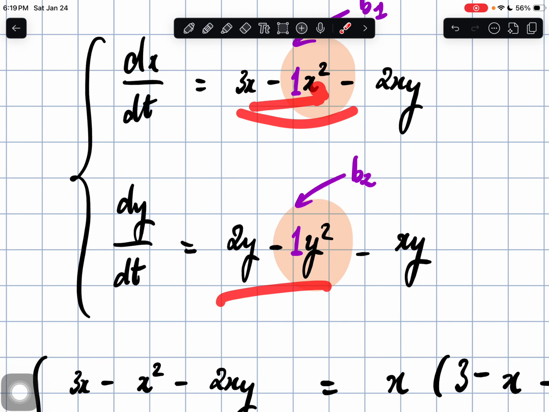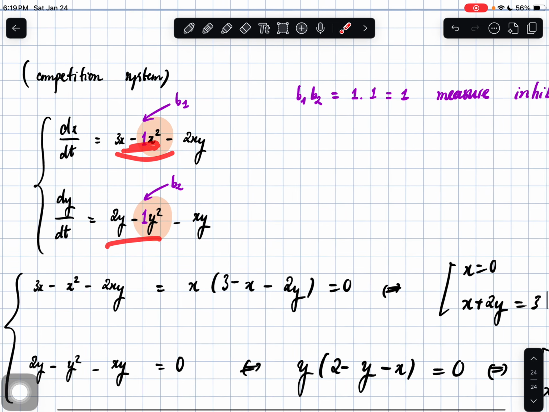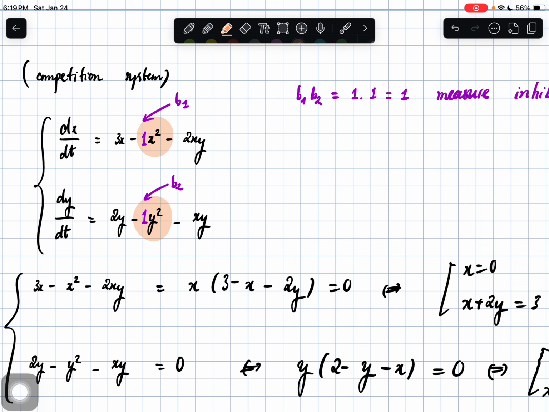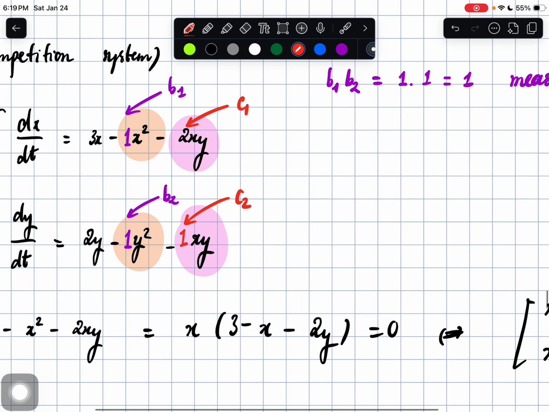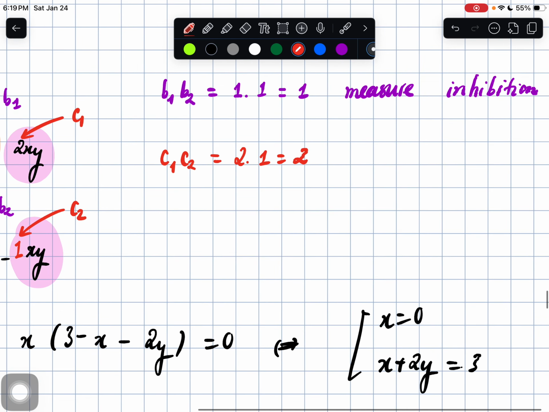They just limit themselves without even interacting with other species. And the coefficients when x and y interact with each other, in this case, you see we have 2 and 1. Let me call these C1, C2 in general. The product C1 times C2, 2 times 1, is 2. This measures the competition.